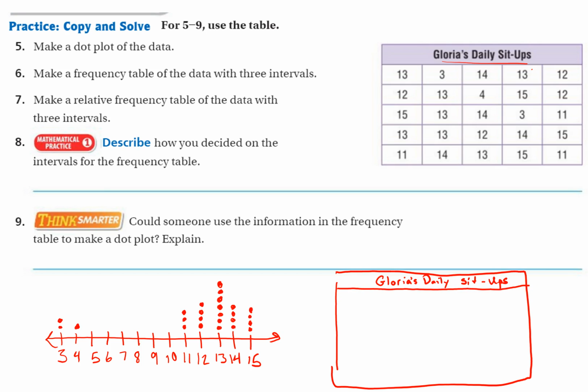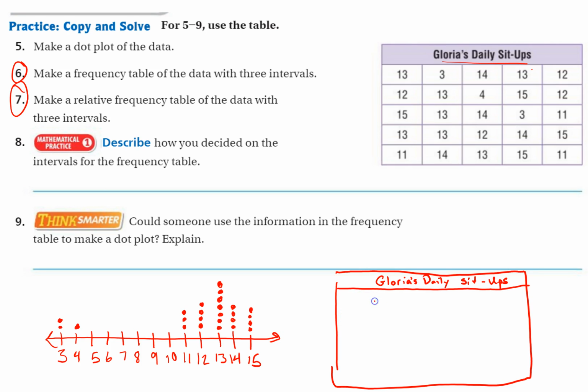That's the title. Okay, and I'm going to set this up to where I can do a frequency table and a relative frequency table because I see that's my next step. And they're essentially the same thing. So I'm going to do 3 through 7 as my first group.